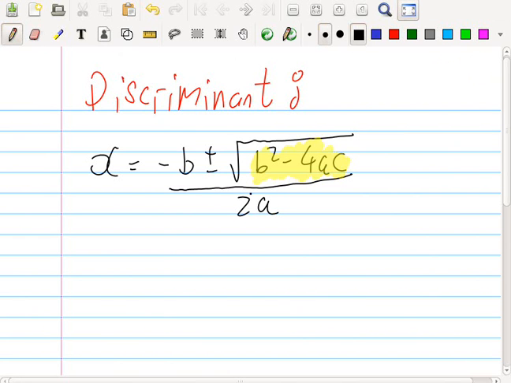The reason this is important is because this controls how many answers you have. For example, if this was 9, what's the square root of 9? Plus minus 3. If this was 0, it'd be plus minus the square root of 0, which is only 0.